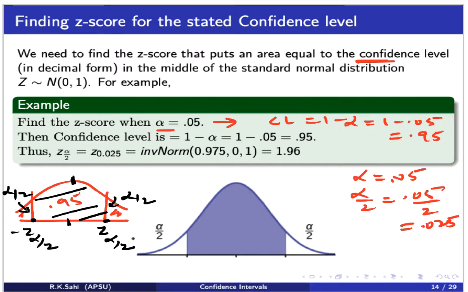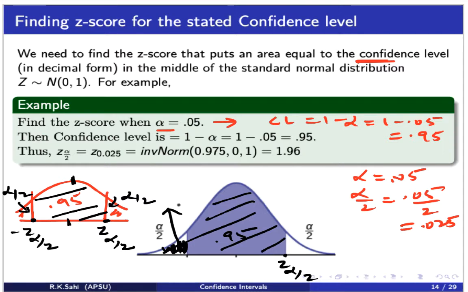To find the z alpha by 2, we use the function invNorm, and when you find z alpha by 2, that means all the area under the curve to the left of this value. Remember, this one is 0.95, and this alpha by 2 is the area, which is the probability that we are not confident. That is 0.05. The total value is 0.05 plus 0.95, which gives me 1.